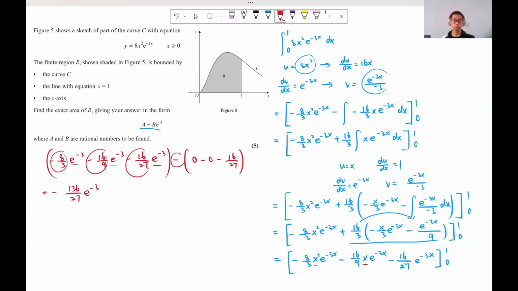And then negative made positive, that would be plus 16 over 27. If we write in the same order as what the question asked, that would be 16 over 27 minus 136 over 27 e to the power negative 3. So in this case, A would be 16 over 27, and then B would be negative 136 over 27, and then e to the power negative 3.